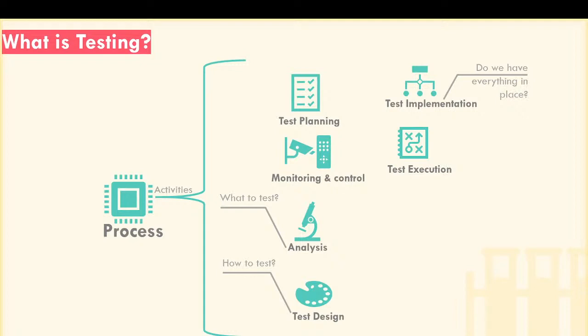Executing tests either manually or by using a test execution tool like automation testing, comparing the actual result with the expected result, reporting the defect based on the failure, and logging the outcome of the test execution, for example, pass, fail or blocked. So here we have started the actual execution of the test.